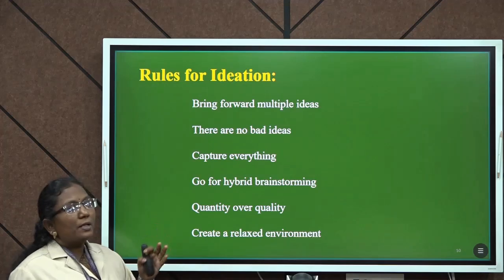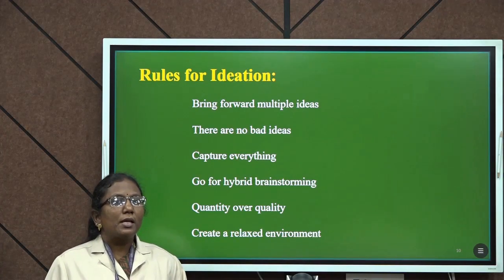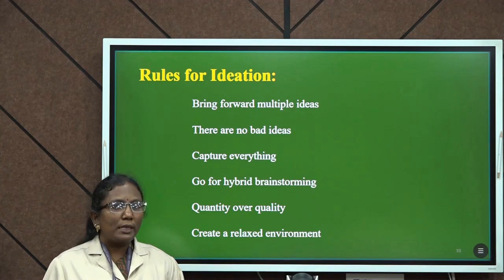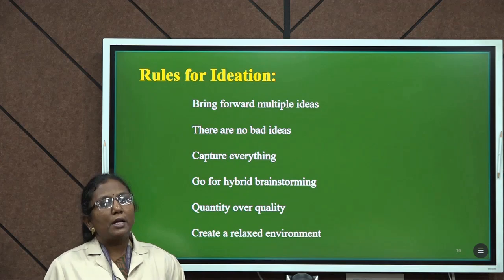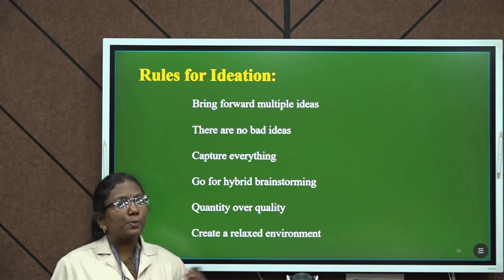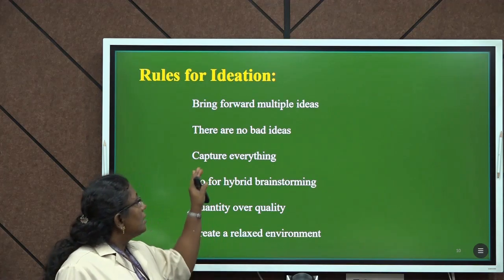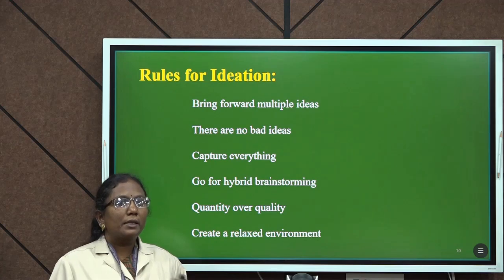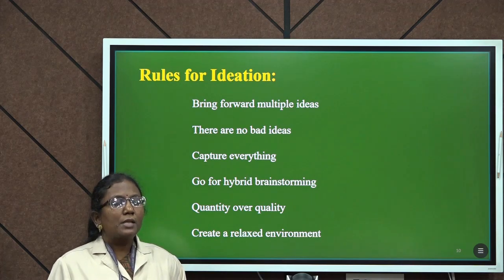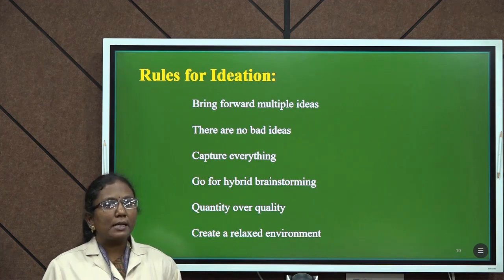Next we move on to the rules for ideation. The first one is to bring forward multiple ideas. At that stage, the team members jointly collect multiple ideas about the particular complex problem. In that stage there are no bad ideas. Each and every idea is welcomed at that particular stage. There are no good or bad ideas at that stage.